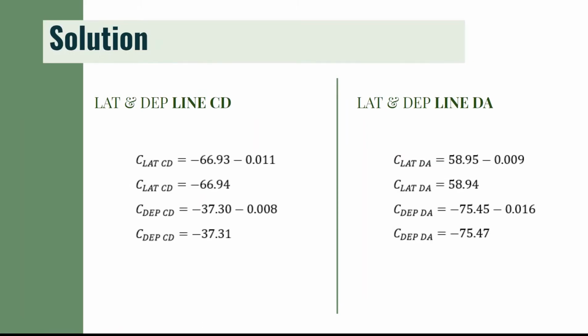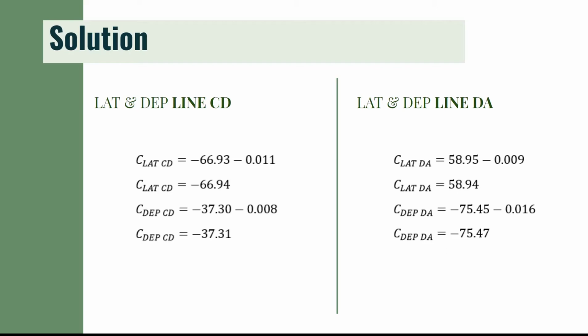For the latitude of line CD, negative 66.93 minus 0.011 is equal to negative 66.94. For the departure of line CD, negative 37.30 minus 0.008 is equal to negative 37.31.